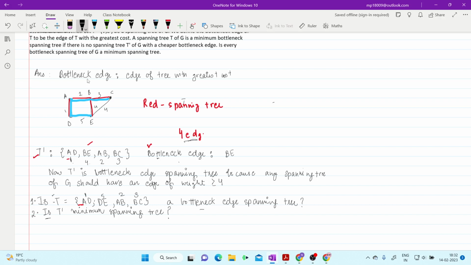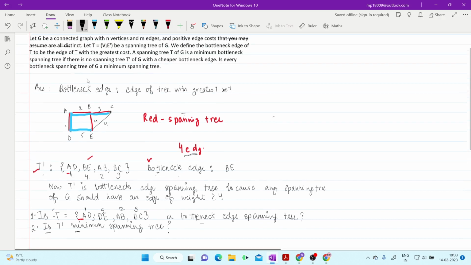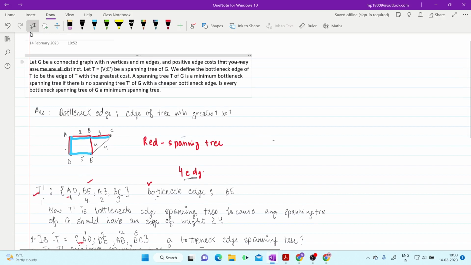We cannot have any other collection of 4 edges which have less weight. So T prime is a minimum spanning tree also. In this particular case, T prime is a bottleneck edge spanning tree which also comes out to be a minimum spanning tree. So this question is asking you this only: is it always true that a bottleneck spanning tree is a minimum spanning tree? What do you think?